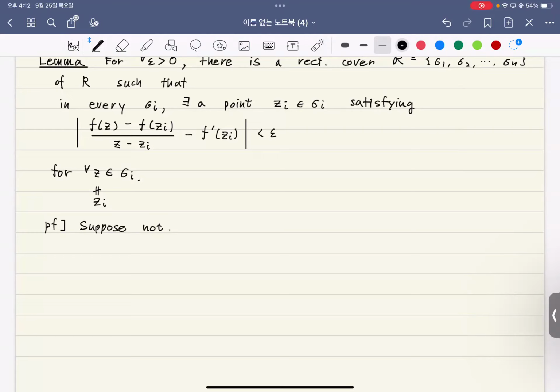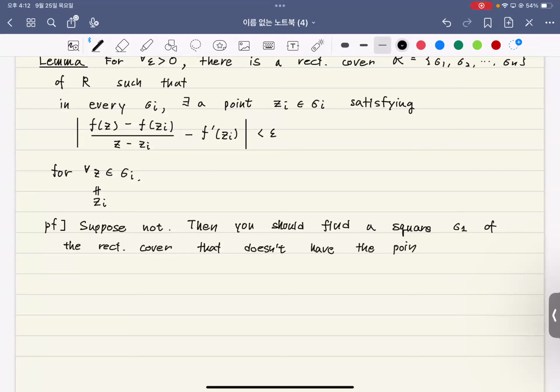So then you should find a square, sigma 1, of the rectangular cover that doesn't have the nice point. Let me say this is my sigma 1.